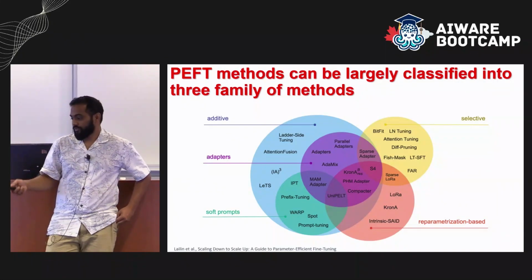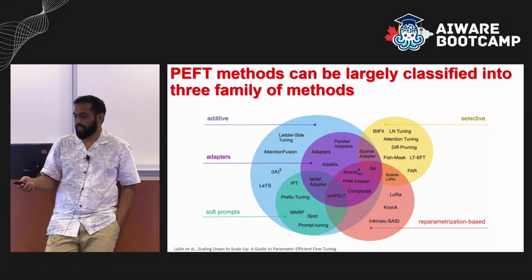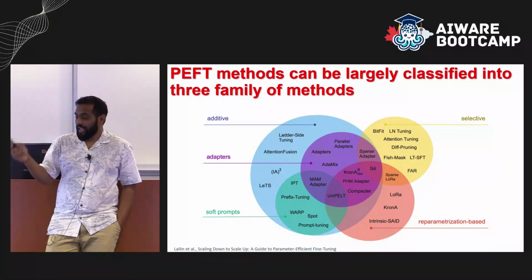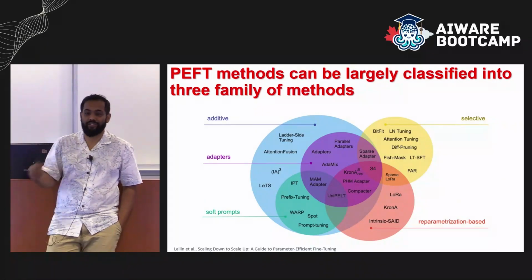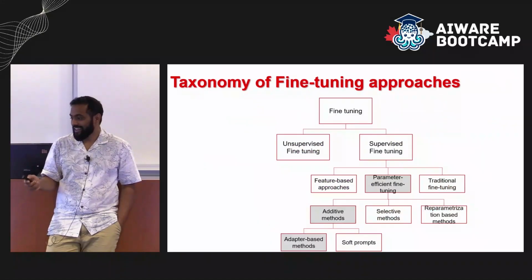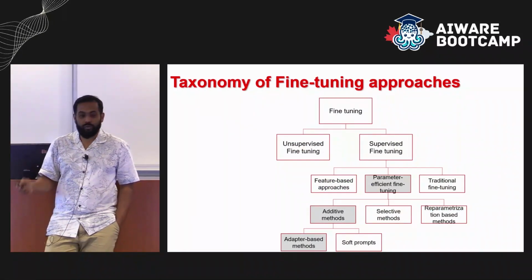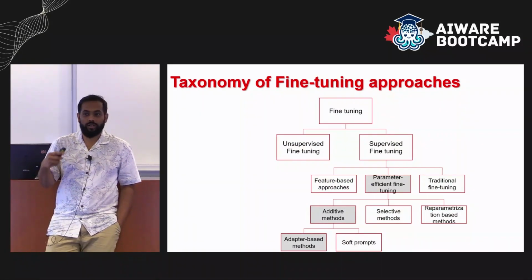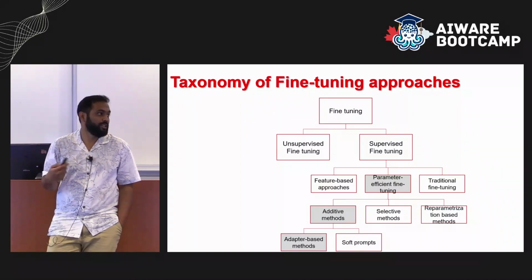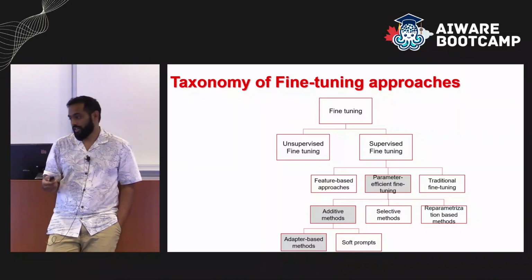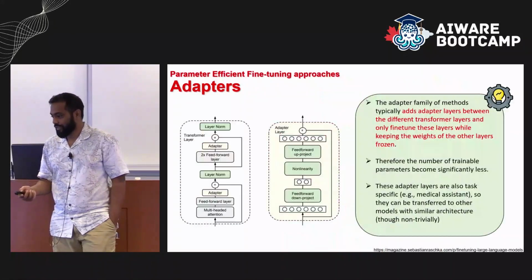Adapters and soft prompts are other subcategories of additive methods. I'll try to go over an example in each of these methods. Hopefully that gives an idea for each category.